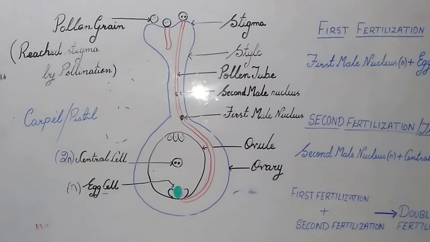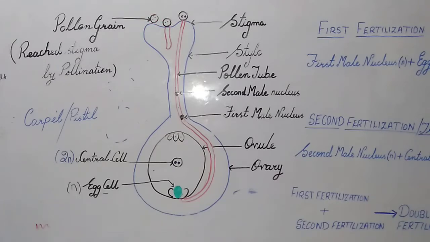Moving on, have a look here. Pollen grains reach the stigma by the process of pollination. Pollination is simply the transfer of pollen grains from anther to stigma. So the first question: how does this pollen grain reach the stigma?